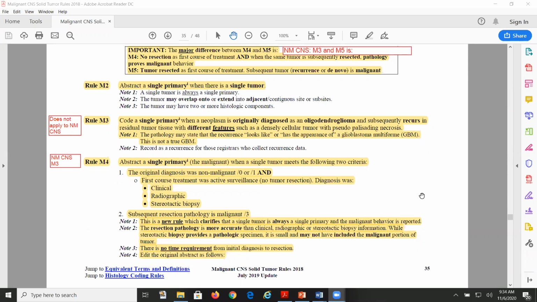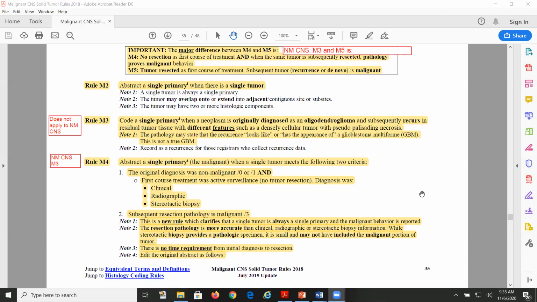This is a new rule which clarifies that a single tumor is always a single primary, and the malignant behavior is reported. The resection pathology is more accurate than your clinical, radiographic, or stereotactic biopsy. Now, while the stereotactic biopsy provides a pathologic specimen, it is small and may not have included the malignant portion of the tumor.